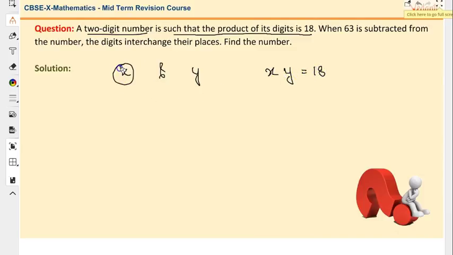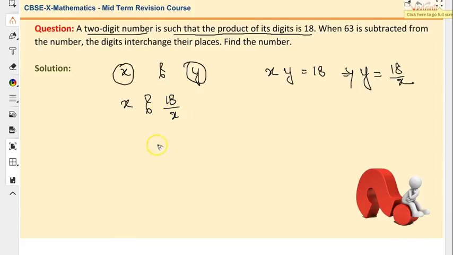Now see guys, I have taken two variables here, but it's better to convert this in terms of x. So from here, I get y is equal to 18 by x. So my two digits are x and 18 by x.